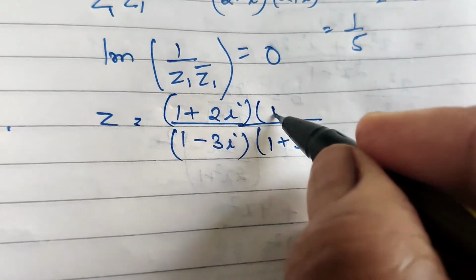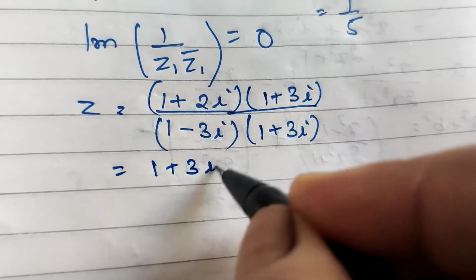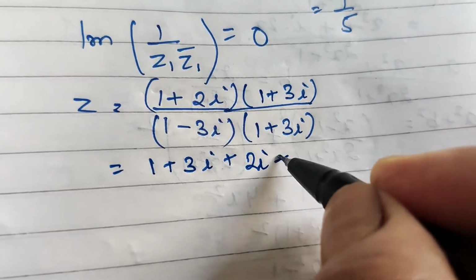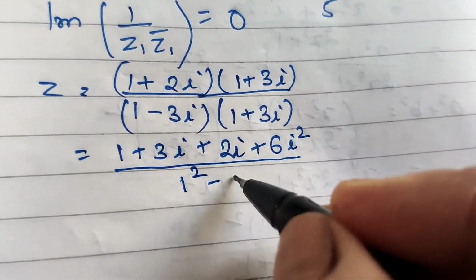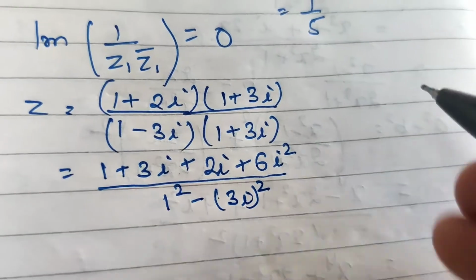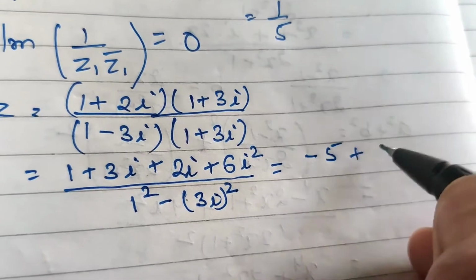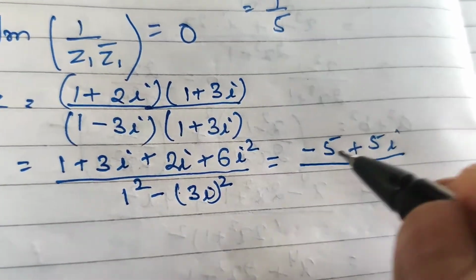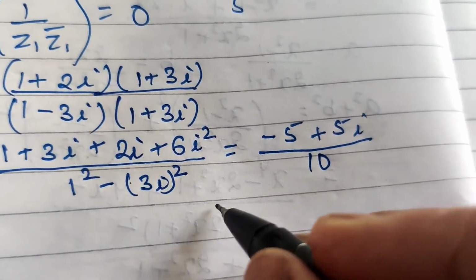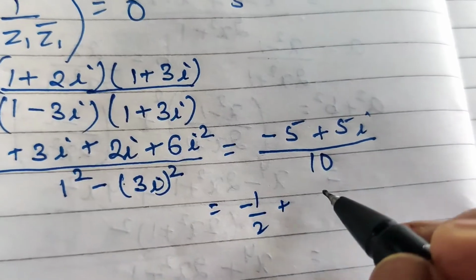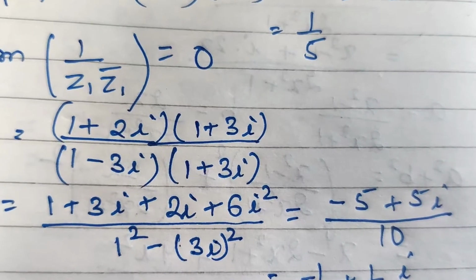Multiply: 1 plus 3i plus 2i plus 6i square upon 1 square minus 3i whole square. It is equal to 1 minus 6, so it is minus 5 plus 5i upon 10. Now dividing by 10, it is minus 1 by 2 plus 1 by 2 i.